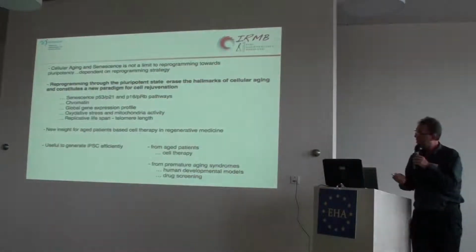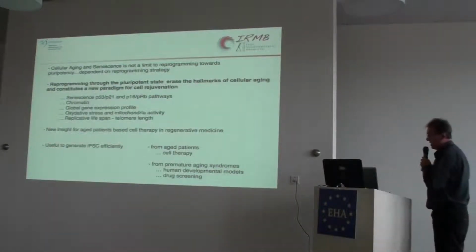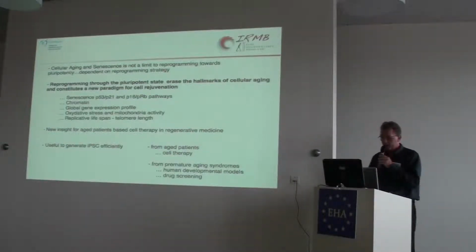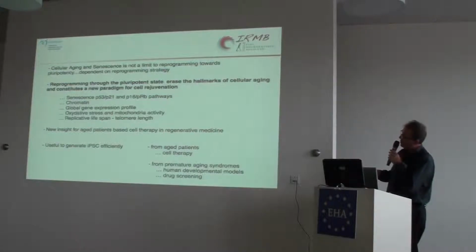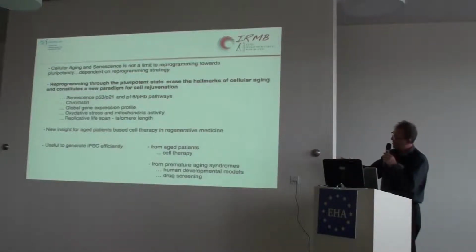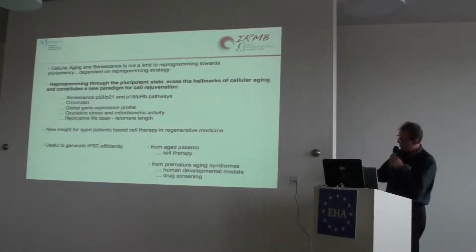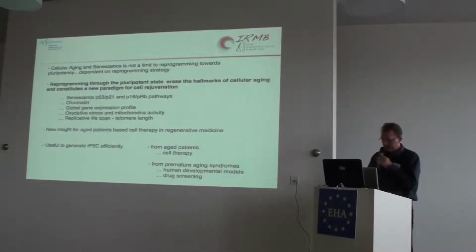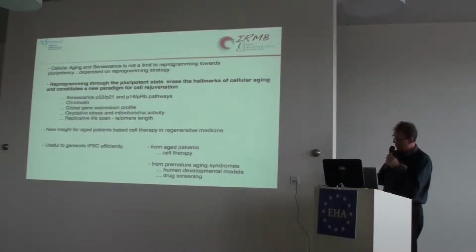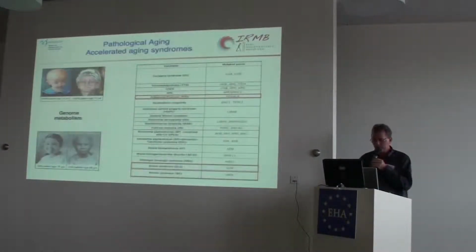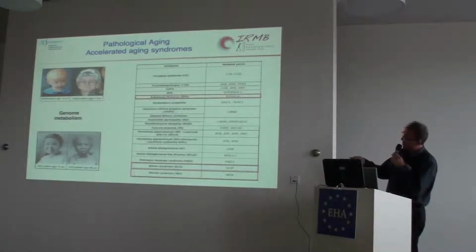So we really demonstrate that it's possible to reprogram senescent cells or aged cells, and it's not really a limit to reprogramming. We checked many different aspects, and probably it will be useful for cell therapy to use these 6 factors, and also to reprogram premature aging syndromes for eventually drug screening. And this is what we started to do with some premature aging syndromes.